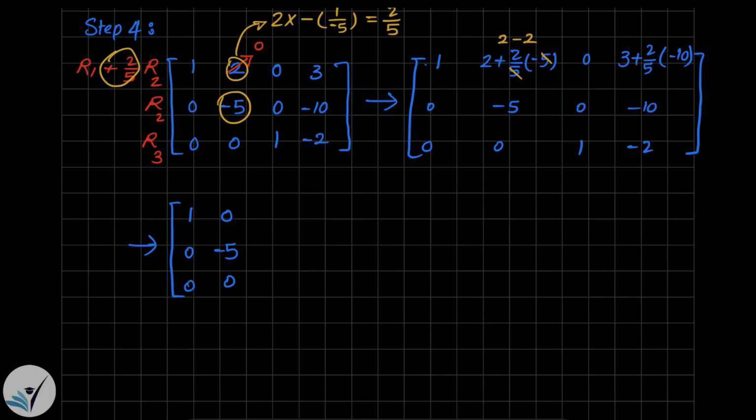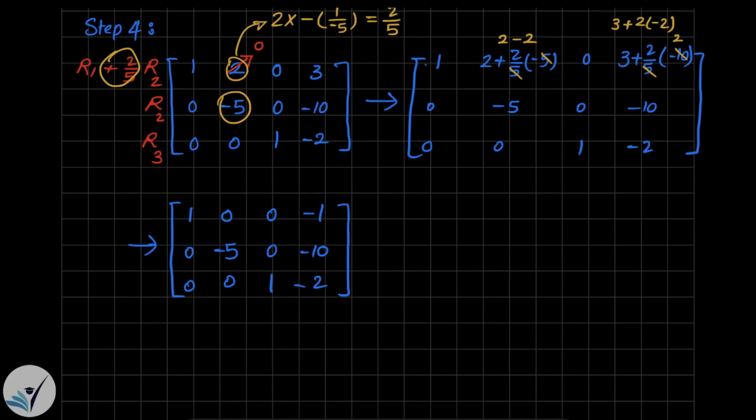The third column would be 0, 0, 1. And the last column we have 10 divided by 5 is 2. So we have 3 plus 2 times -2. And the result would be -1. And we have -10 and -2.